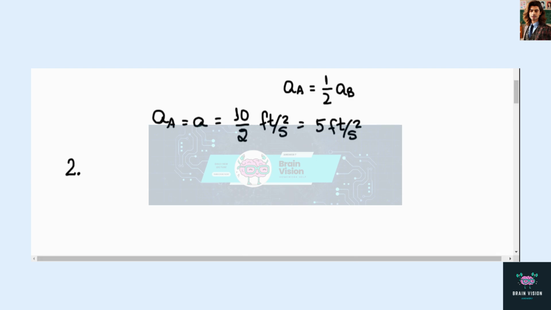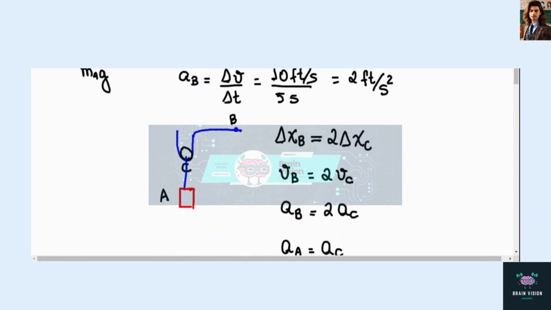Second, we need to find what is the relation between the tension at block A and the tension at point B. So first, I'm going to use the same figure here. Notice that the rope that connects point B to pulley C is the same rope. So this means that the tension is the same throughout the rope. So at point C, we have 2 times the tension T that acts at point B, pulling the pulley C upwards.